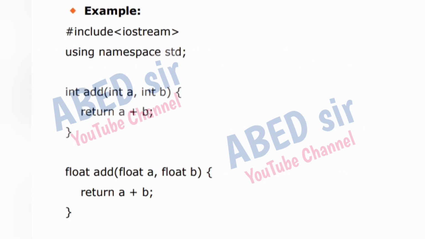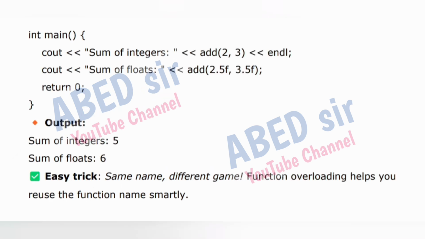Example. #include <iostream>, using namespace std; int add, int A, int B, return A + B; float add, float A, float B, return A + B; int main, cout sum of integers, add 2, 3, endl; cout sum of floats, add 2.5f, 3.5f; return 0.